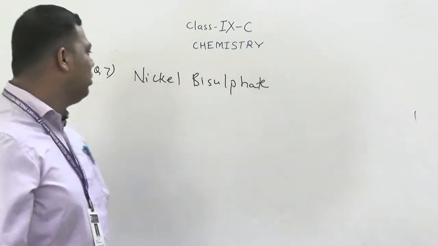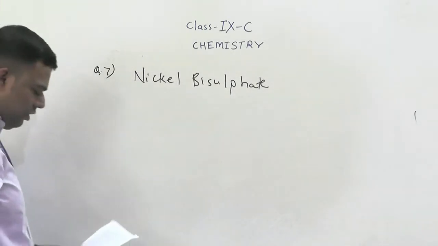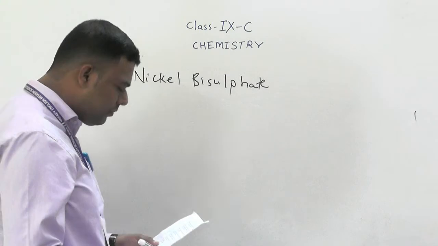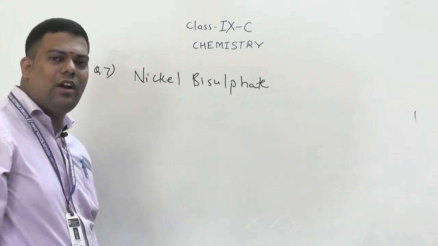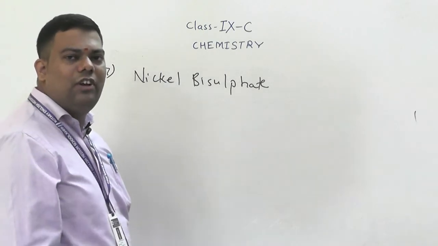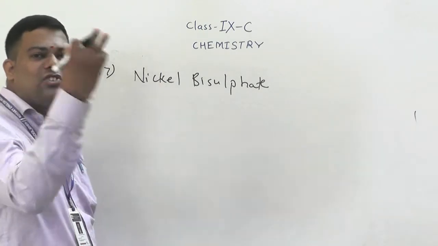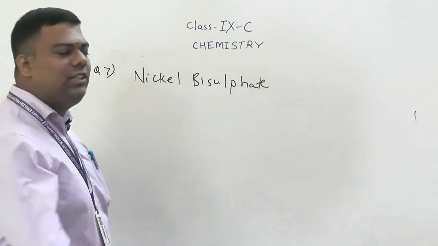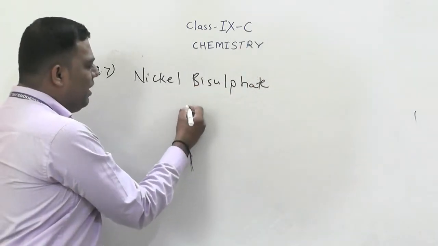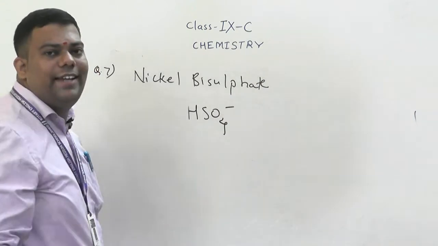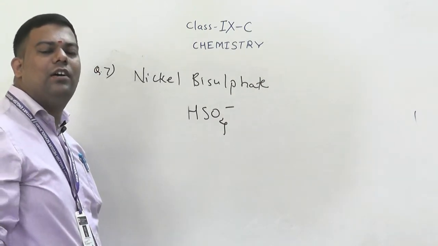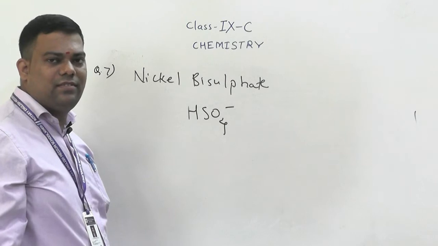So see, nickel bisulfate. They give options here. Nickel is a metal and always has a +2 charge. Bisulfate is HSO4 minus, the bisulfate ion.